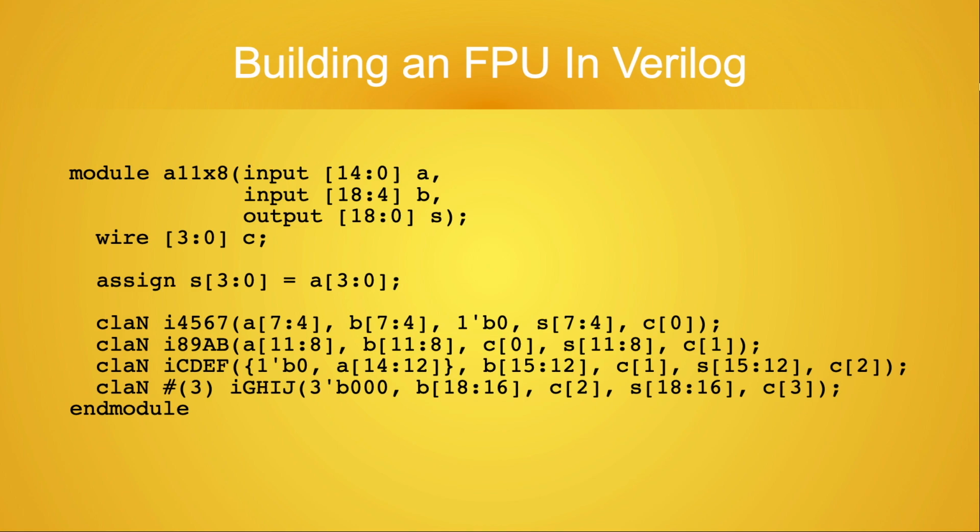The module A11 by 8 adds them to get the product of A and the least significant 8 bits of B. Again, note that the 4 least significant bits of A have no corresponding bits in B, so we can copy these bits directly into the sum. Similarly, the input value A needs to be left padded with zeros so we can compute the most significant bits of our sum.